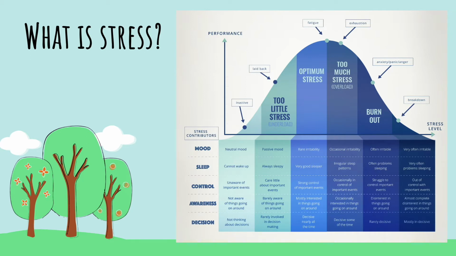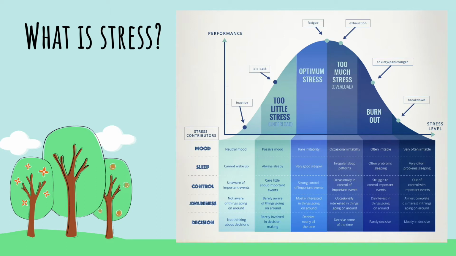We can think of stress as a curve, like the one you see here. Just like you can be overwhelmed, you can actually have too little stress too. If you look at the curve, on the left side in the medium blue labeled optimum stress is eustress, moderate stress, or also known as positive stress. This type of stress motivates us, focuses our energy, is short-term, and is perceived to be within our coping abilities.